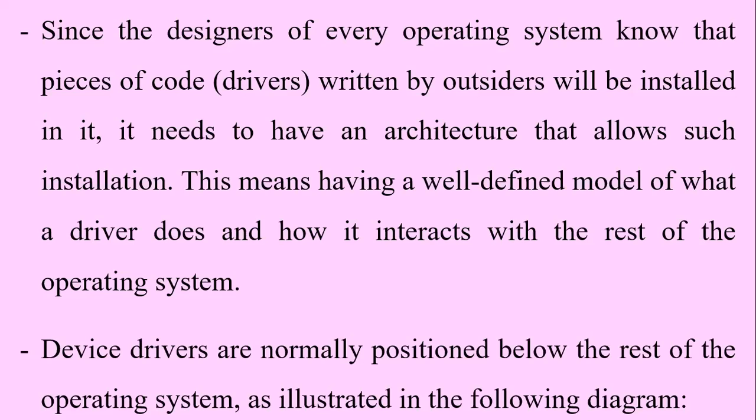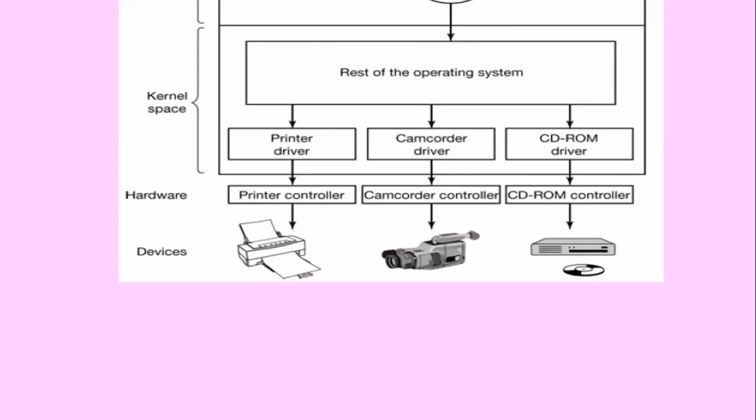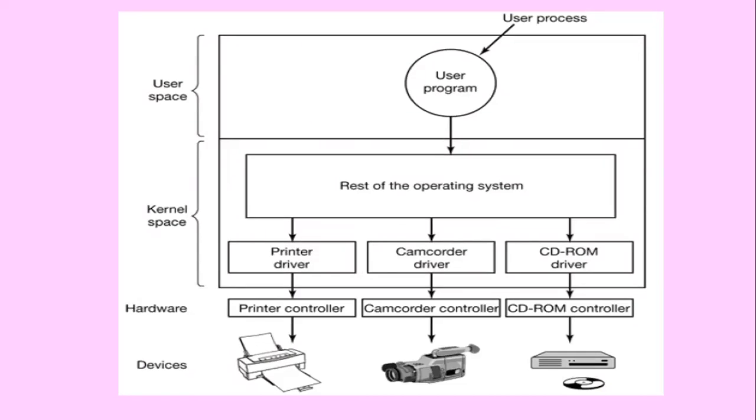Device drivers are normally positioned below the rest of the operating system, as illustrated in the following diagram. As you can see from this diagram, on the upper part, we have what we call the user space. In this user space, we have user programs that the user interacts with.